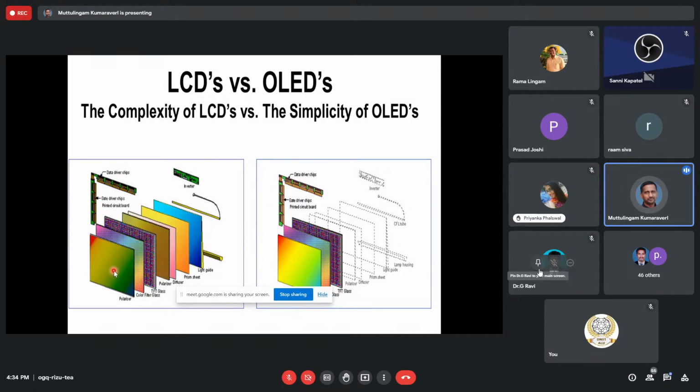There are many layers to be used to make this liquid crystal display, but compared to that, for OLEDs we use just three. We need only the backplane, the OLED light emitting unit, and the polarizer plate to make an OLED display.